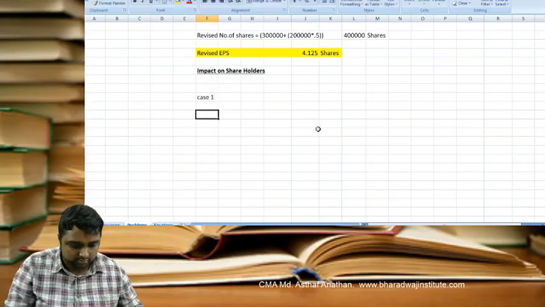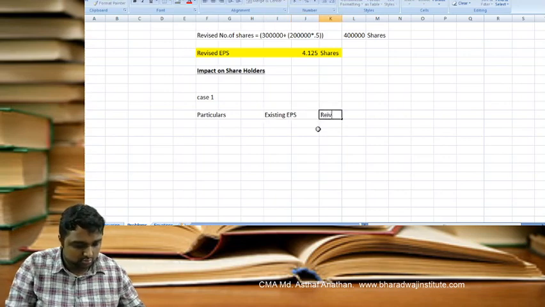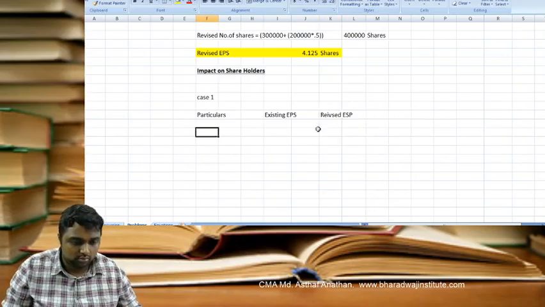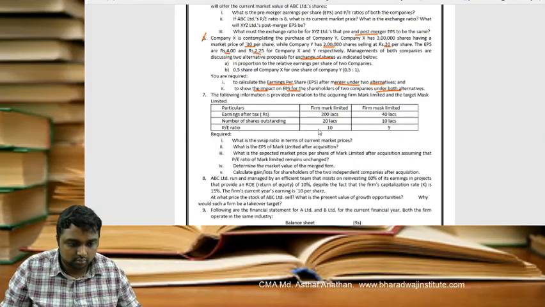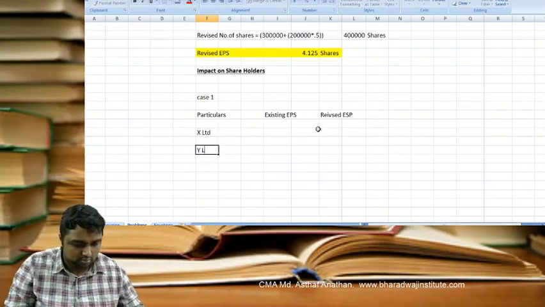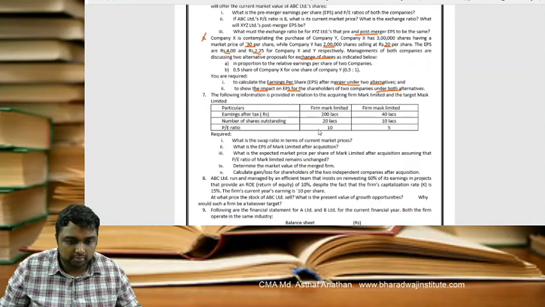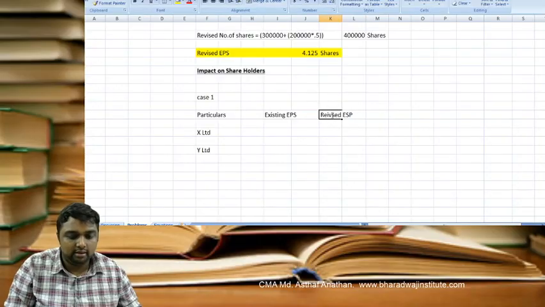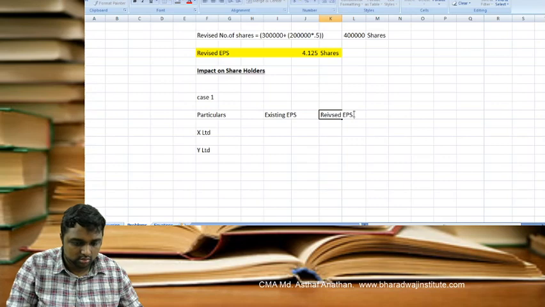First case 1. Existing EPS, revised EPS. X Limited, Y Limited. Here for revised we will give a bracket. Equal.